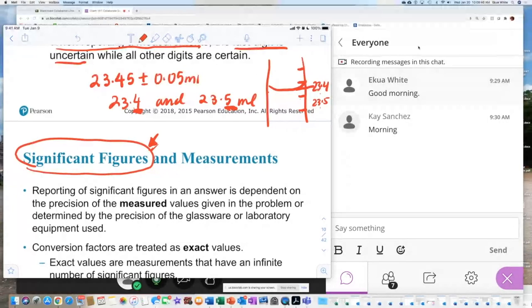So significant figures help us round off uncertain numbers. And these uncertain numbers are the numbers that you had to guess or estimate because they fell between two marked values on your instrument, right?